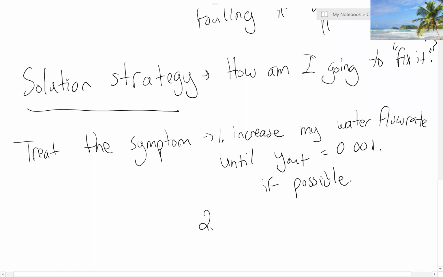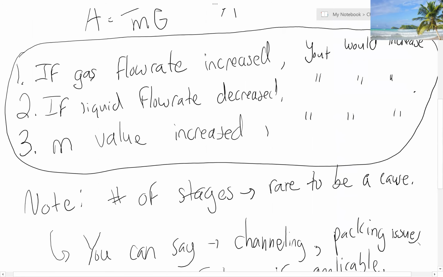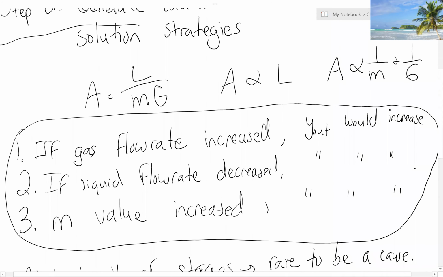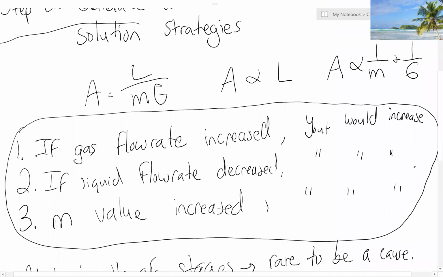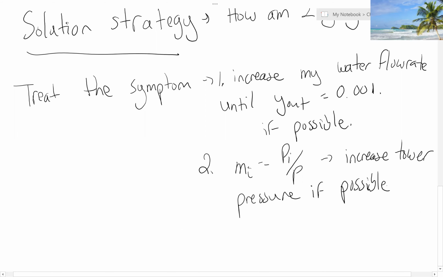If not, my other option, knowing my partition is a function of my partial pressure, and knowing that I don't want my partition value to go up, I could then increase my tower pressure to make the acetone favor the liquid phase.